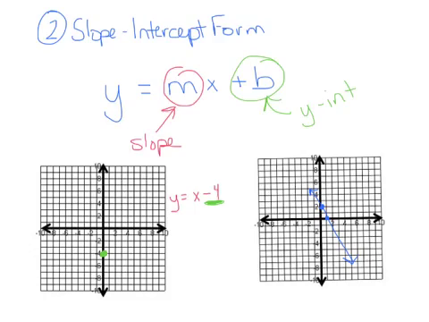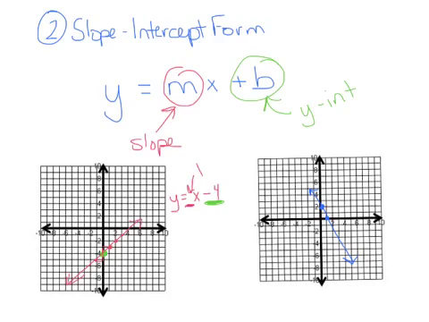And then if I know that my slope isn't written, which means it's 1, what that means is I go up 1, over 1, up 1, over 1, up 1, over 1. I could also go down and to the left 1. Anyway, I begin to get a nice straight line. So look, I have it graphed.